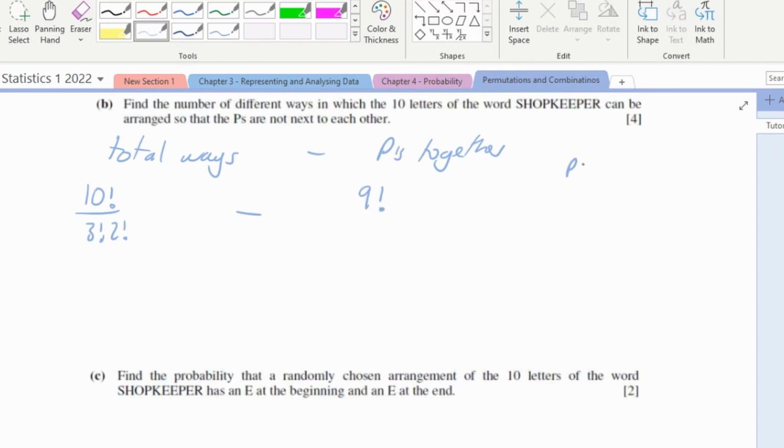You can think of the P's as 1, and then that leaves you with another 8 letters, which would be S, H, O, K, E, E, E, R. And so altogether there's 9, because you count this as 1 letter here. And then you've got the 3 E's, so you're going to do 3 factorial for that. Now what does this give us in total?